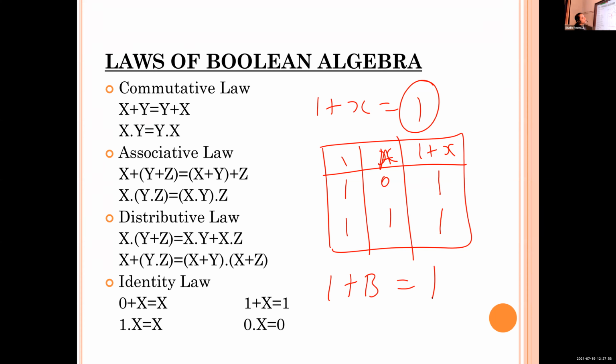If it is 1 plus z, this is also 1 based on this law. Any variable name we can use, but based on this law, 1 plus x is 1. Is it clear?